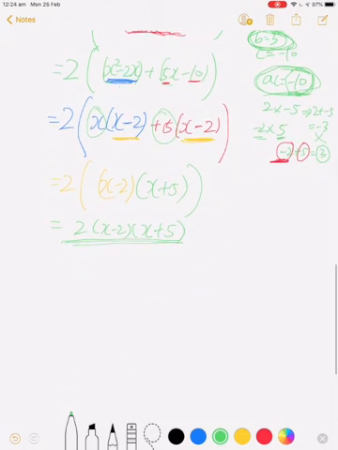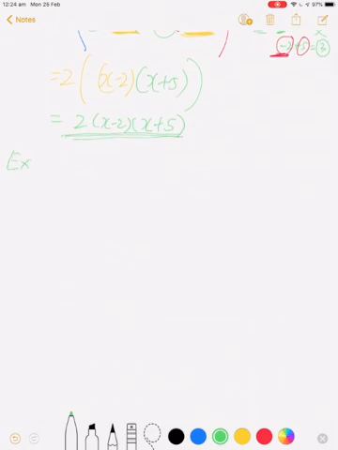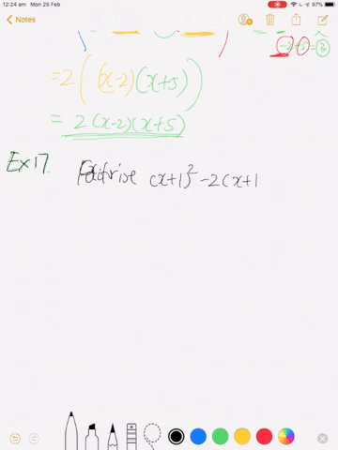Okay, now example 17 on your booklet. Example 17, we have to factorize x plus 1 squared minus 2 times x plus 1 minus 3. Again, as soon as you see the power of 2, it reminds me of a quadratic, ax squared plus bx plus c.